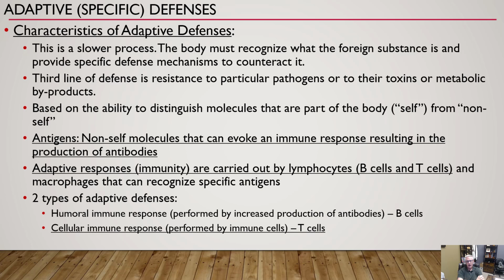And we'll talk a little bit about autoimmune diseases later on. So we have these B cells and T cells that recognize our normal self cells. And now we have something that is introduced into our body that the body recognizes as non-self.